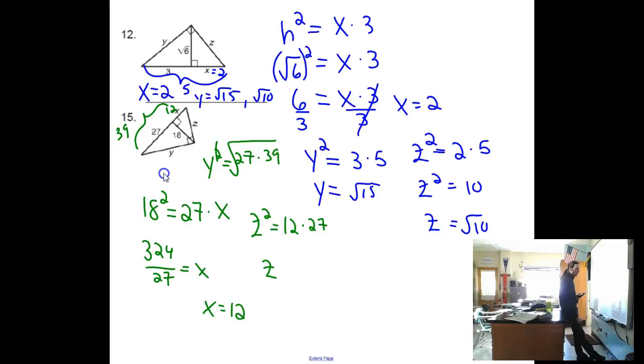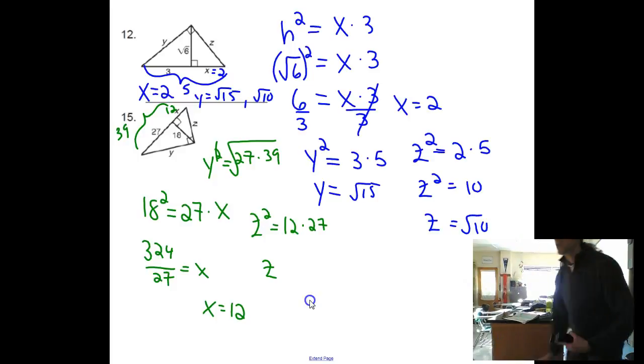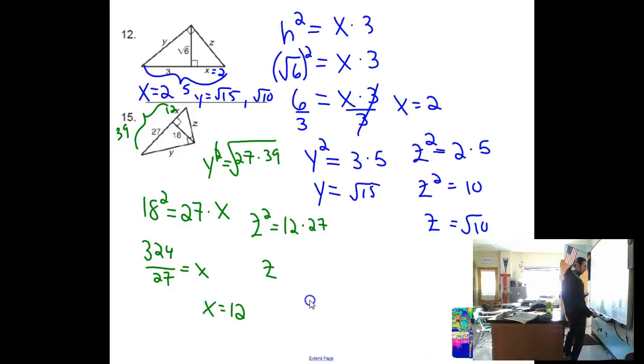Uh-oh, my board just died. Probably because I'm pushing the envelope here. All right. So again, z, I'm going to take the square root of z squared, and the square root of 12 times 27.